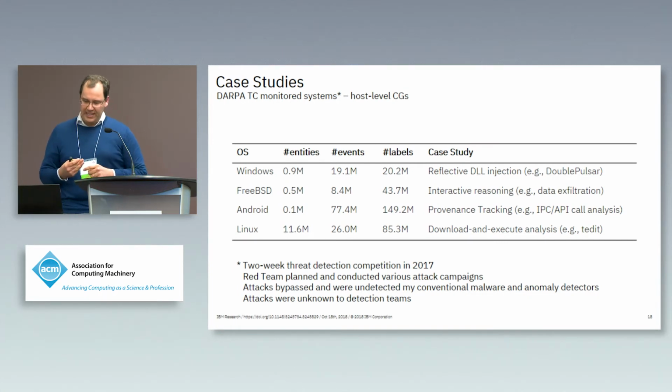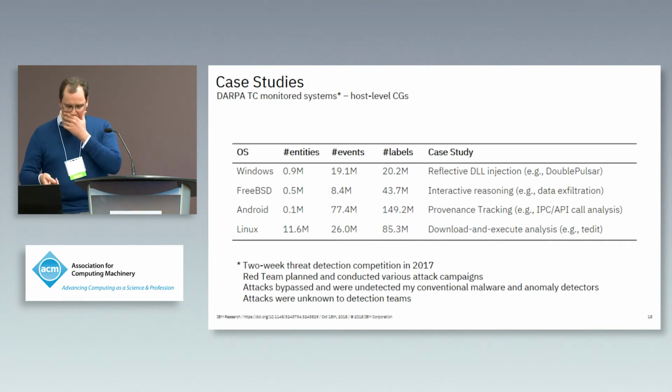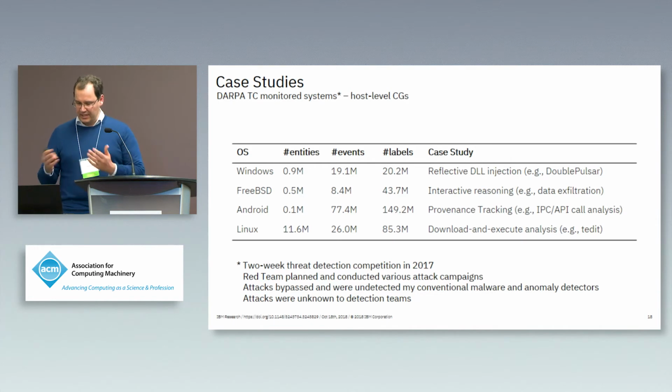Just an overview of the case studies. There was a war room, basically a 2-week experiment with red teams attacking those systems with attacks that were unknown to the defender team, and also that basically were tested to bypass existing anomaly detectors and malware analysis tools and so forth. So different OSs, all events and entities coming from those were collected and ingested into our graph data store.